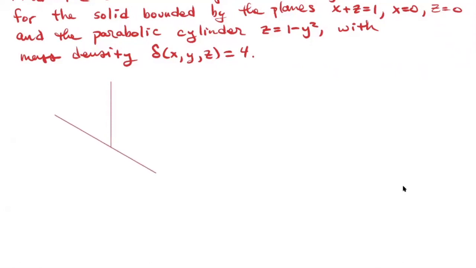I'm going to have a y-axis like this, I think, because I have a parabola z equals 1 minus y squared, so I'm thinking of that as I proceed. I'm going to try a better job. Oh, that's beautiful. And then my x-axis is going to come straight out here.